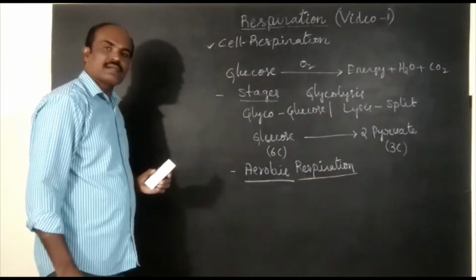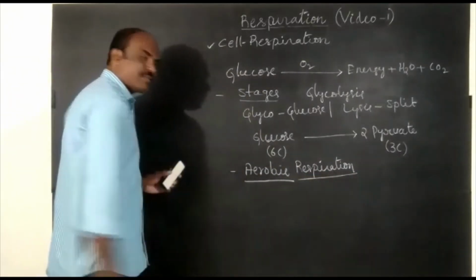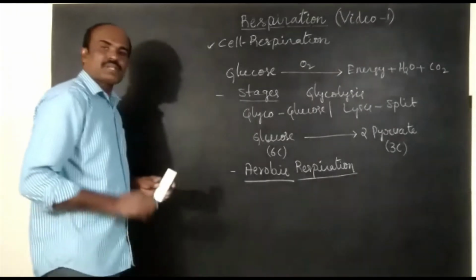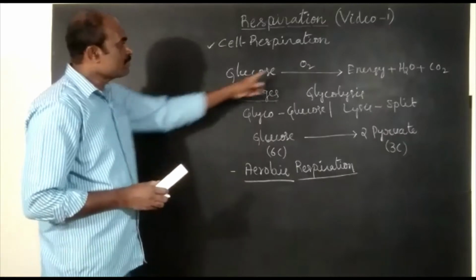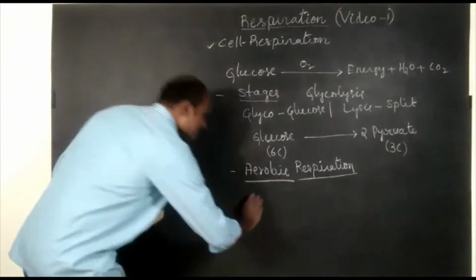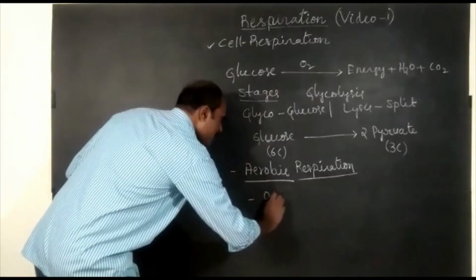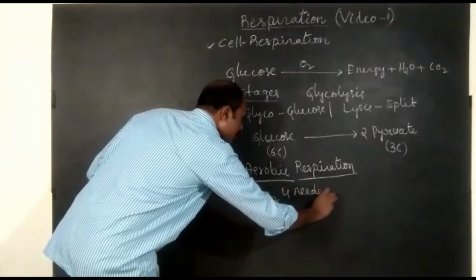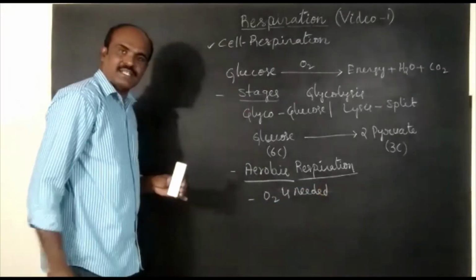Here, in aerobic respiration, glucose undergoes complete oxidation in the presence of oxygen. Same definition we can write here. See, for carrying out aerobic respiration, oxygen is needed. This is more important. Oxygen is needed.